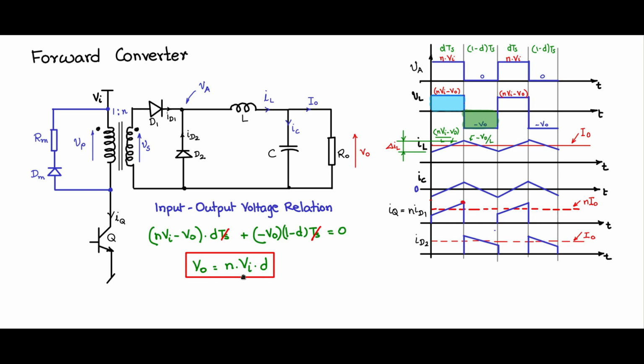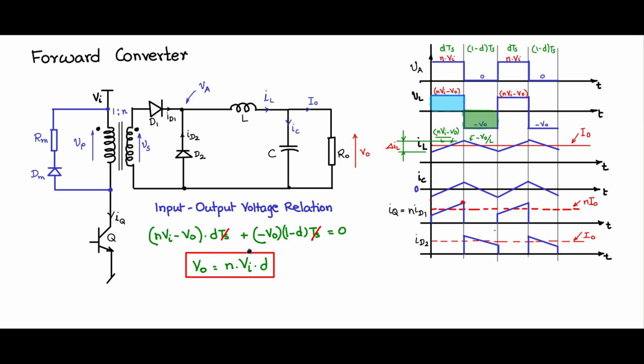Look here that there is a new term, N. N is the turns ratio of the transformer that gives an additional degree of freedom. So the designer has flexibility in the choice of N, and therefore the output can even be higher than the input.